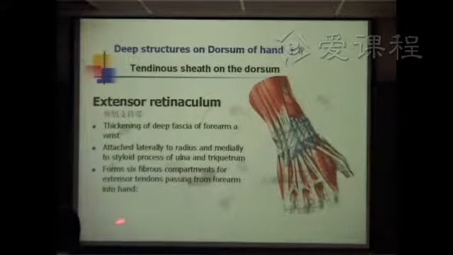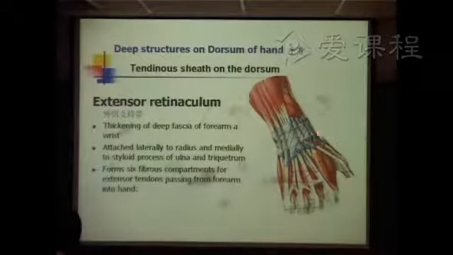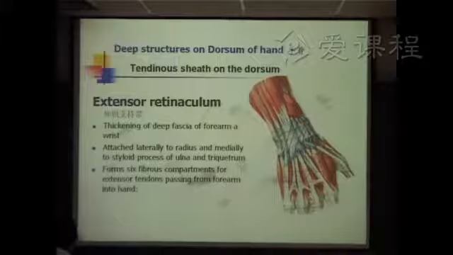Okay. In the wrist, we can also see an important structure like this. This structure is called the extensor retinaculum. Under the retinaculum, there are many tendons of the posterior aspect of the forearm.